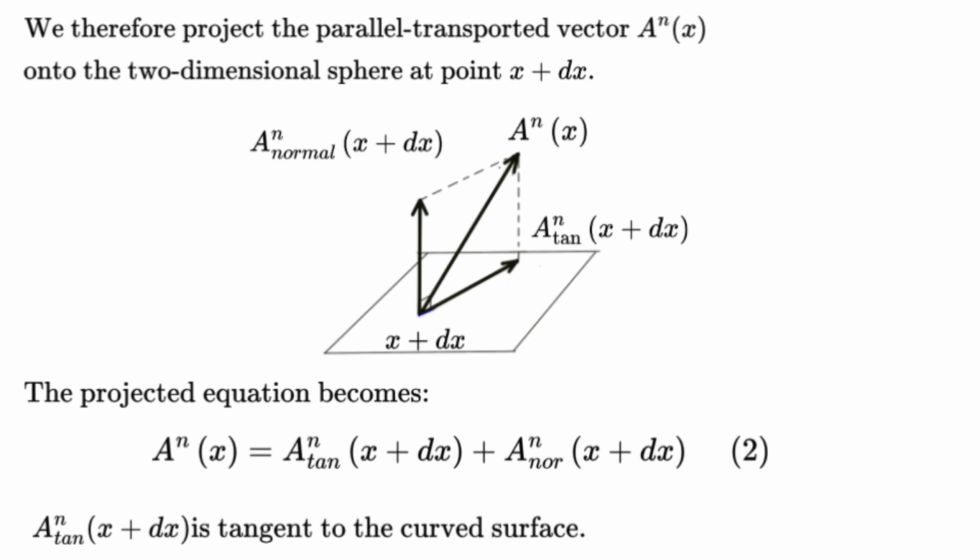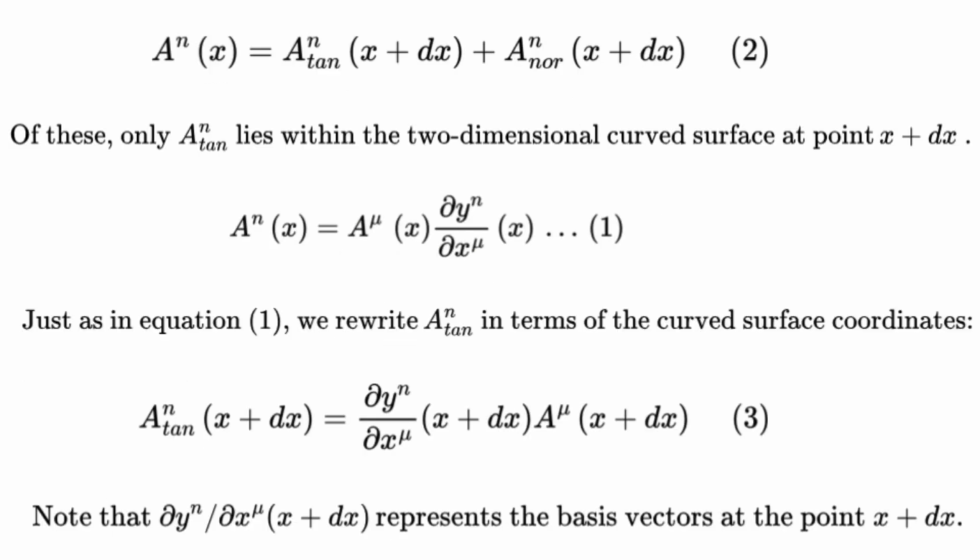The projected equation becomes a^n tangent plus a^n normal, where a^n tangent is tangent to the curved surface. Of these, only a^n tangent lies within the two-dimensional curved surface at point x plus dx.